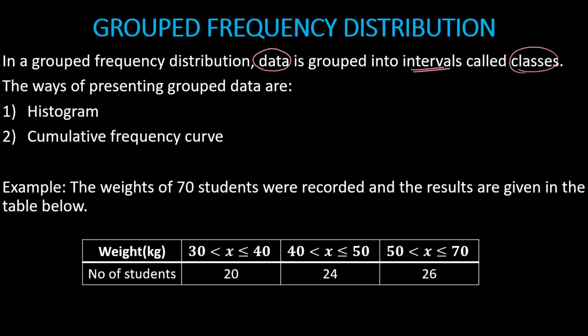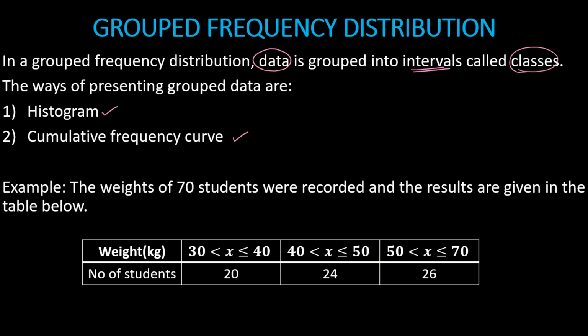Now the ways of presenting grouped frequency distribution, right? It is through a histogram and a CF curve, cumulative frequency curve, right? These are two main ways of presenting grouped data, right?